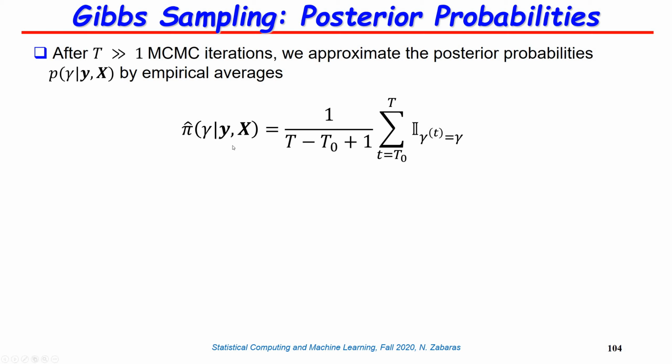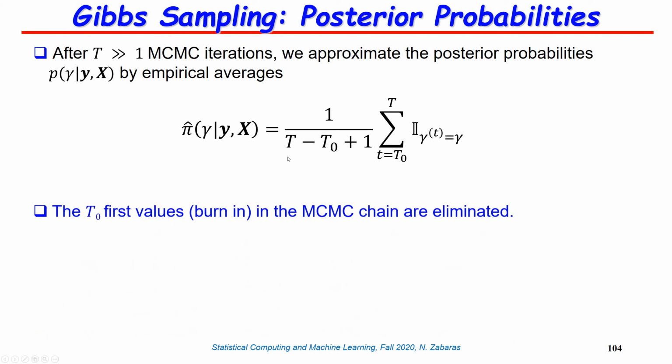So if you're looking for the posterior of gamma, then effectively you have to see how many of your samples the gamma t was equal to gamma. So by summing all of these indicator functions and averaging, that's your Monte Carlo estimate, that will give you the posterior of gamma.